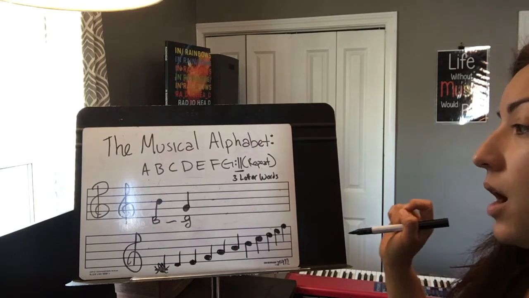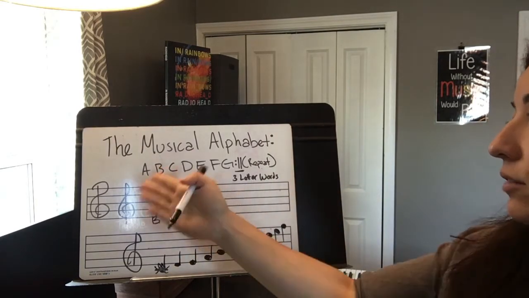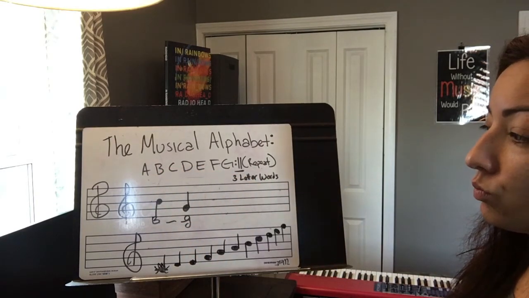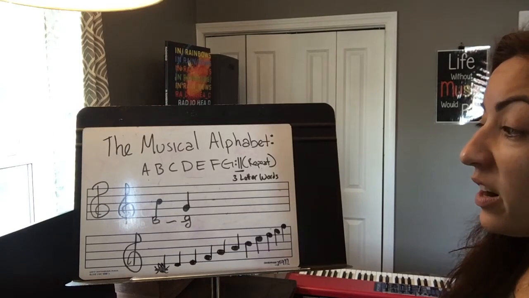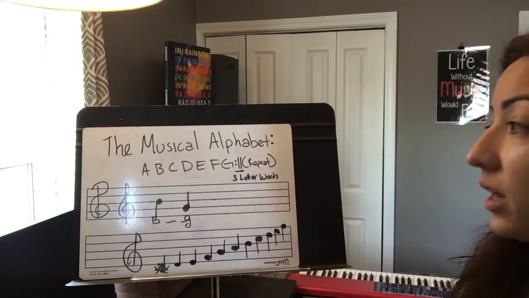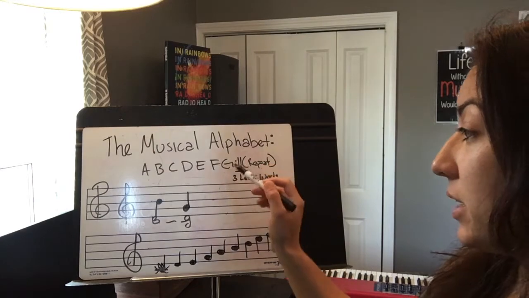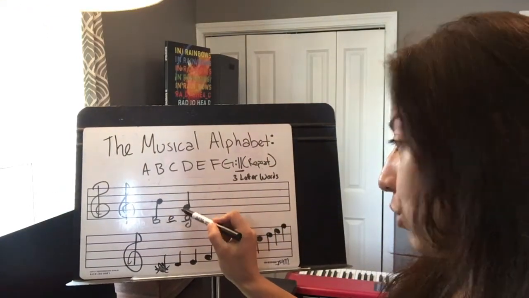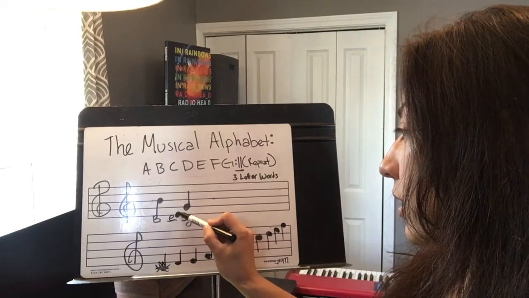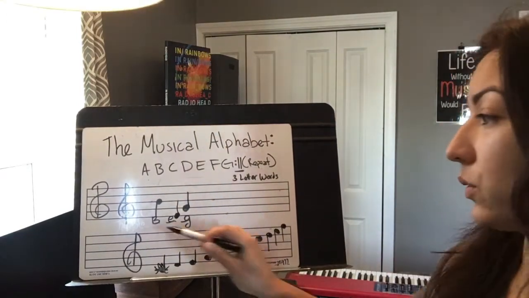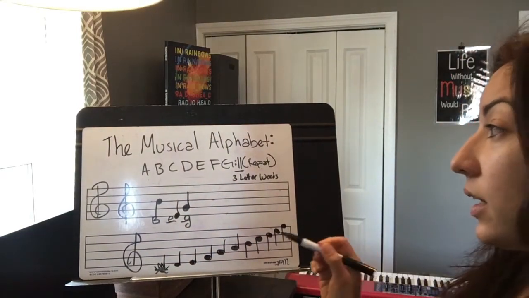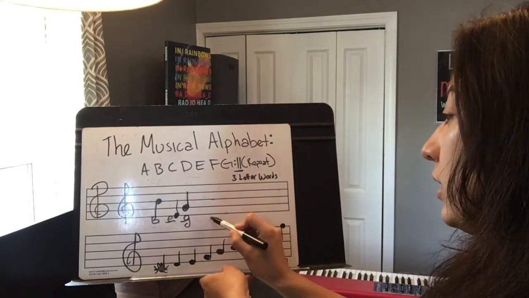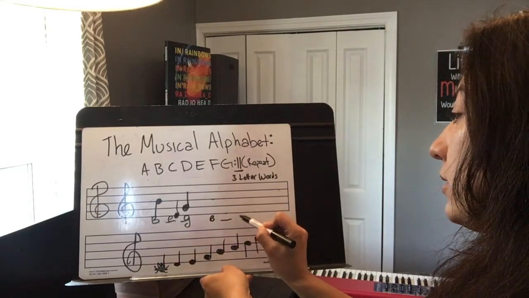It could be bog, but we don't have an O. So there are a few options here. I'm thinking of one, but if you thought maybe it could be beg, that is definitely a three-letter word. That was a possibility. So you could have beg. I was thinking of another word. So let me draw it again.